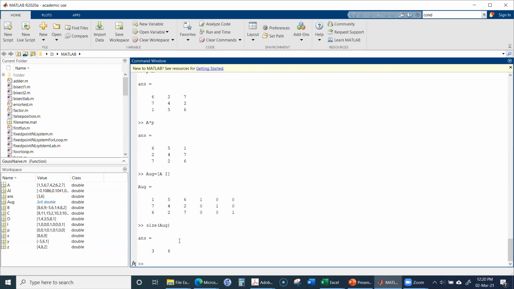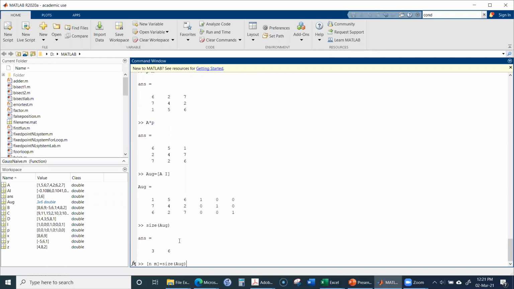However, because size has 2 outputs, if we want to find the rows and columns numbers separately, I will assign it to a row matrix NM, and then I will put size of the augmented matrix.